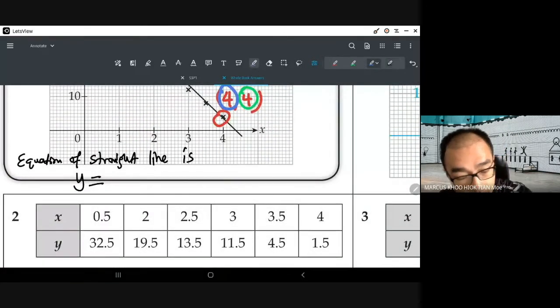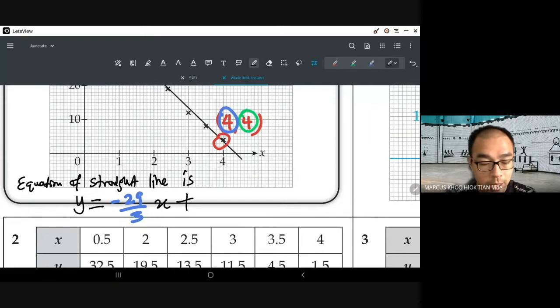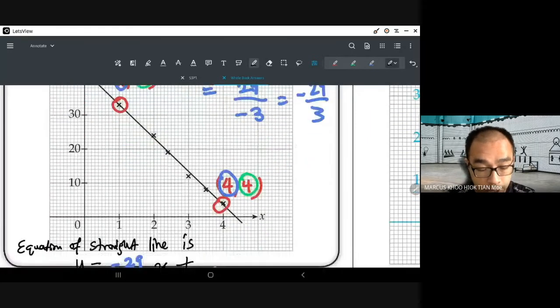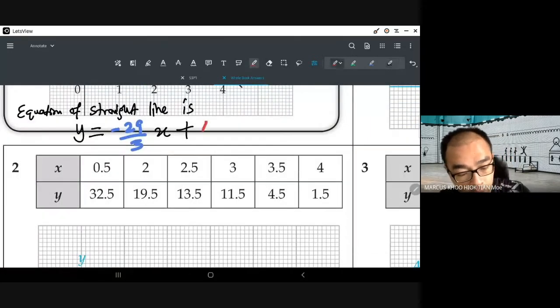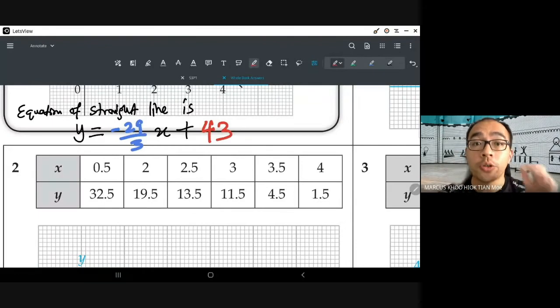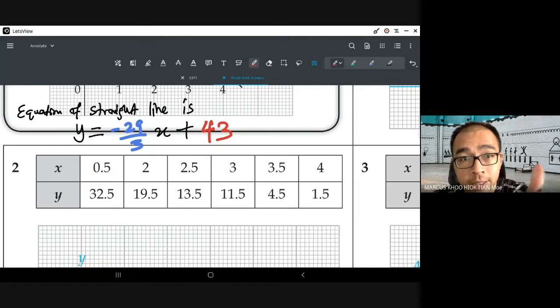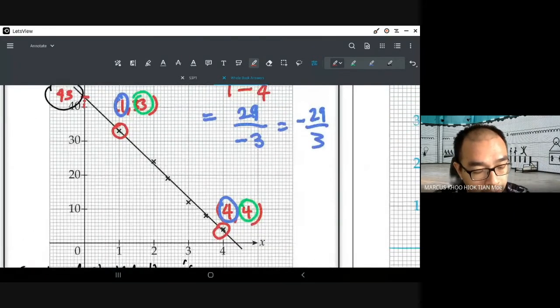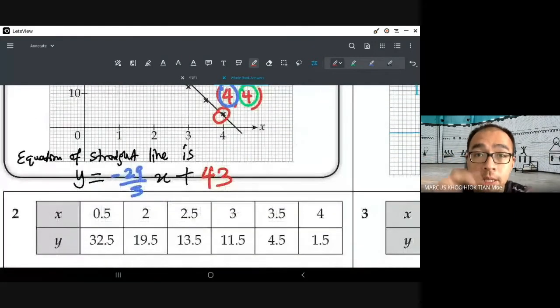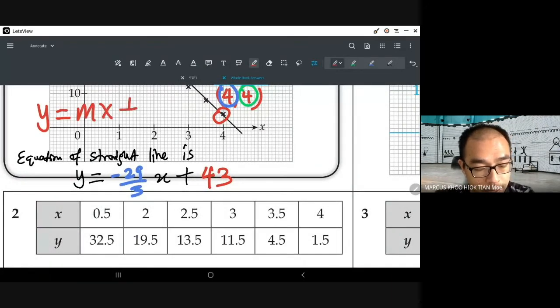So I write lah, -29 over 3 x plus, what is my y-intercept? 43. Okay, so I write 43. So this is how we write equation of straight line. We find the gradient, we determine the y-intercept, and then you just substitute it into y equals to mx plus c. Okay, the y and the x, just leave it as it is.